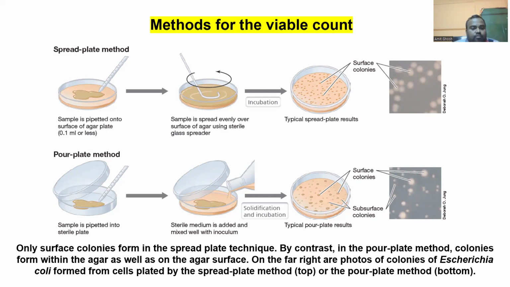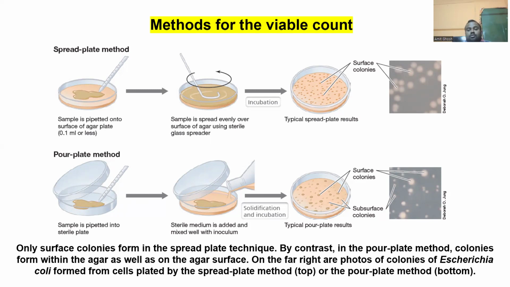After pipetting the sample onto the agar plate, the sample is spread over the agar surface using a sterile glass spreader, and you need to incubate the plate to get visible colonies.